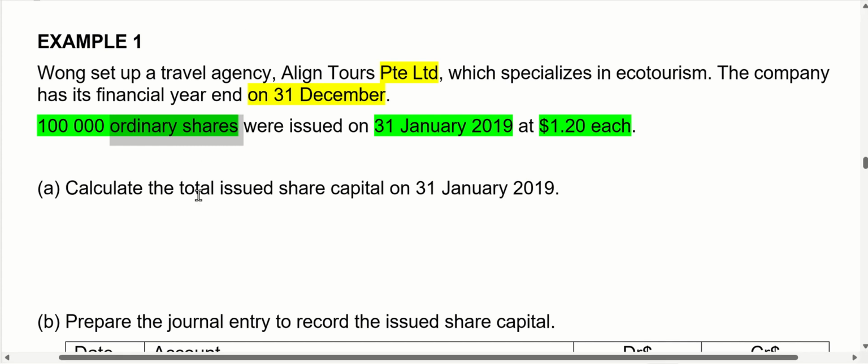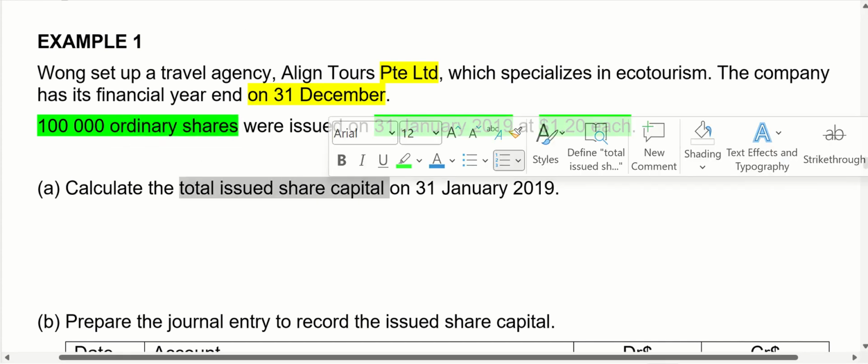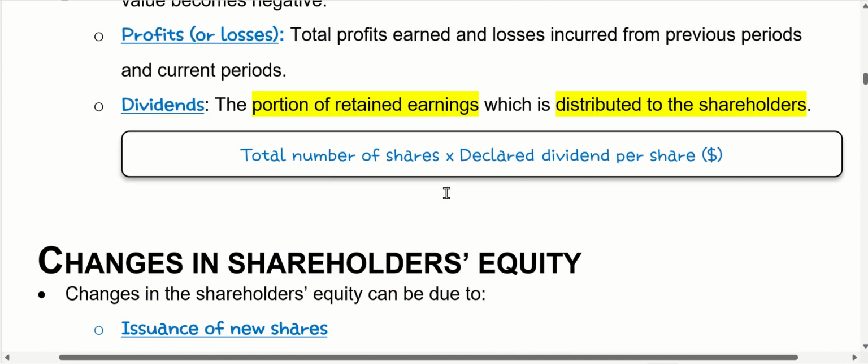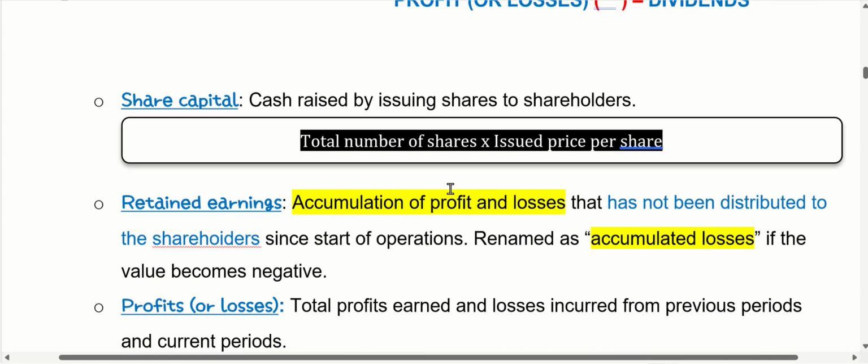The first question is asking you to calculate the total share capital on 31st of January. So how do you calculate total share capital? Think for a while. Total share capital equals the total number of shares times issued price per share.